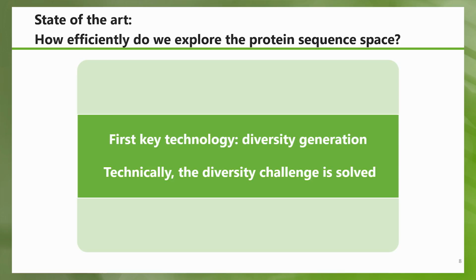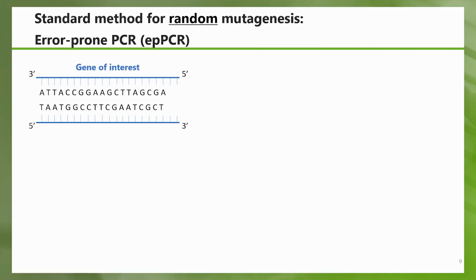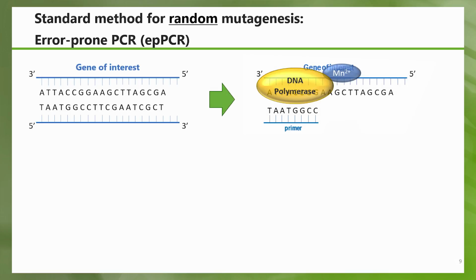So the standard method to do random mutant libraries is error-prone PCR. This is essentially a PCR reaction. As you know, you have a gene, you heat it up, the strands melt, one strand is there, and then you have the polymerase, primer binds, the polymerase elongates, and instead of magnesium, you add additional manganese ions.